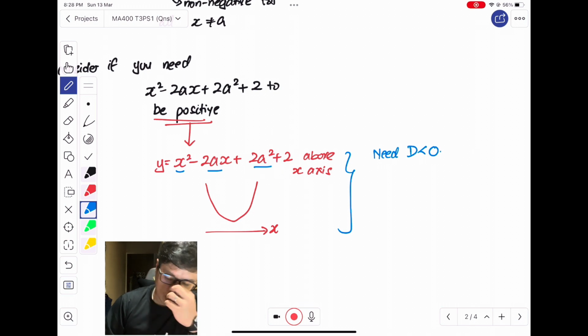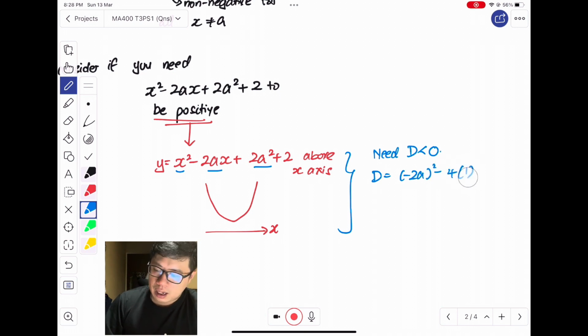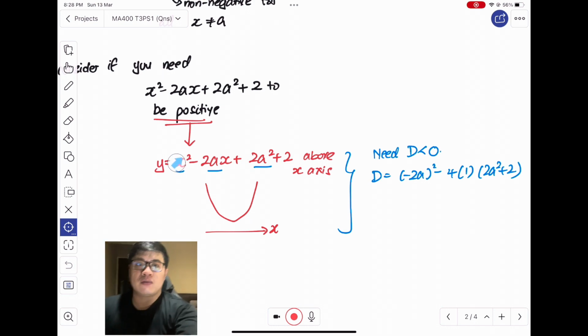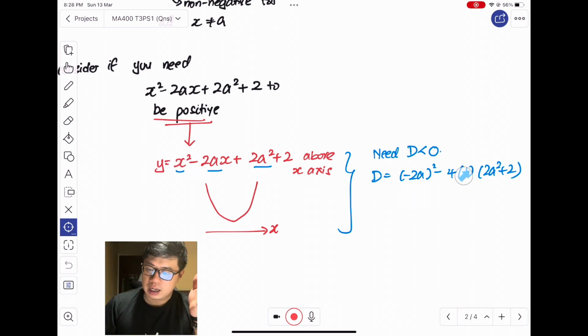If you want to form the discriminant, which is b squared minus 4ac, we need this discriminant to be less than 0 in order to guarantee that your graph is always positive. Positive means two things. Number one, discriminant less than 0. Number two, the coefficient of x squared has to be positive, which in this case is already given.